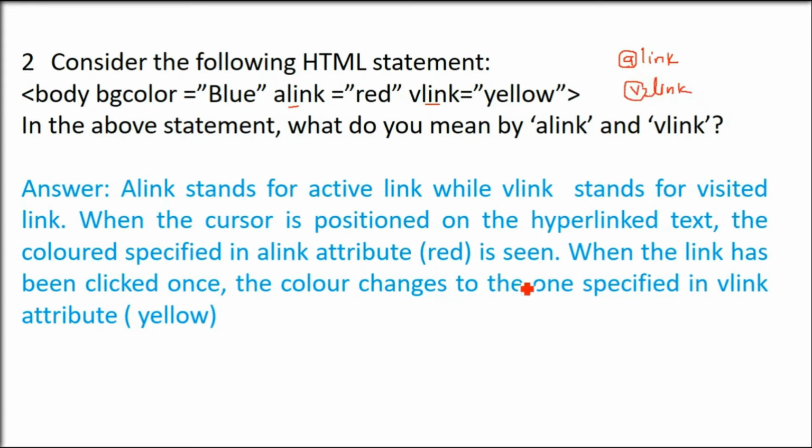When you take your mouse cursor on this hypertext, the color on A-link will be red. Now when you click it, the color will change to yellow. I'm just giving an example. There are certain links. If you find something on Google, there will be some links.